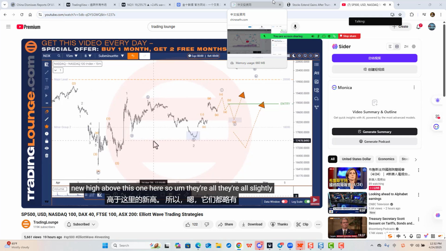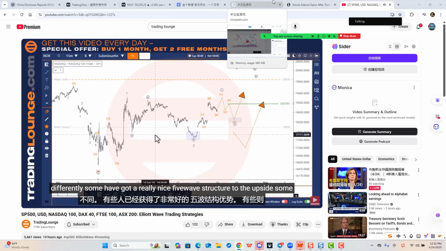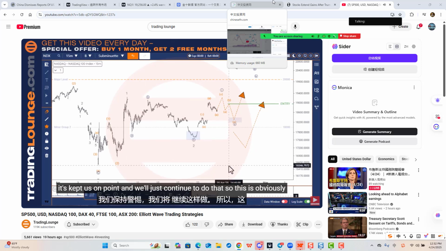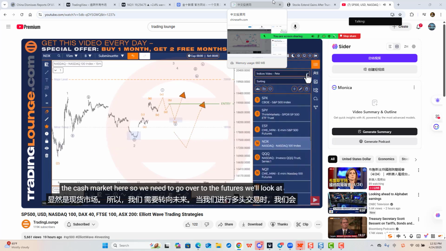So they're all slightly different. Some have a really nice 5-wave structure to the upside, some haven't. But we need to work the majority of the count, round that up into one count, and that's what we've done, and it's kept us pretty safe and on point, and we'll just continue to do that. So this is obviously the cash market here, so we need to go over to the futures.